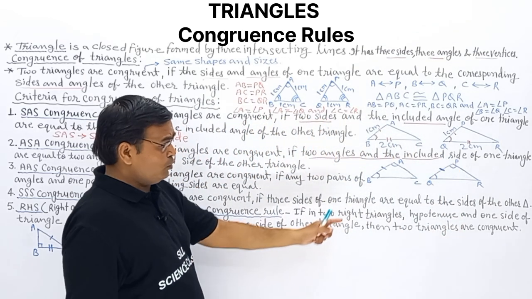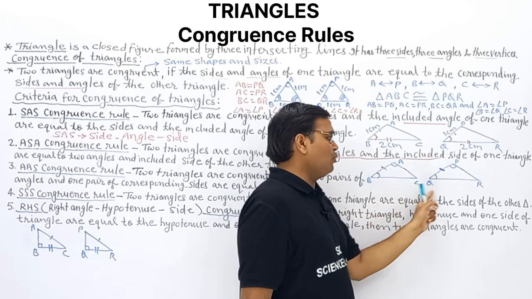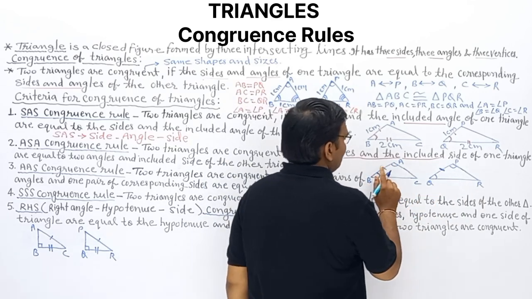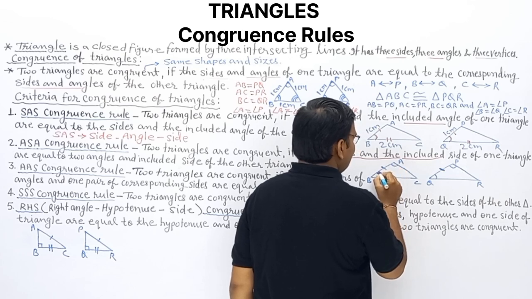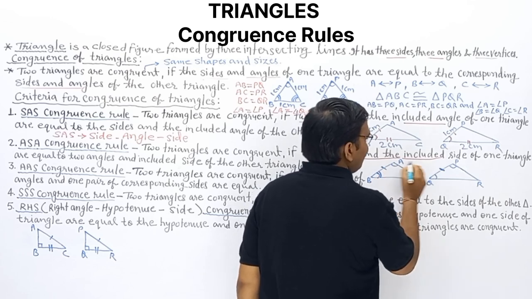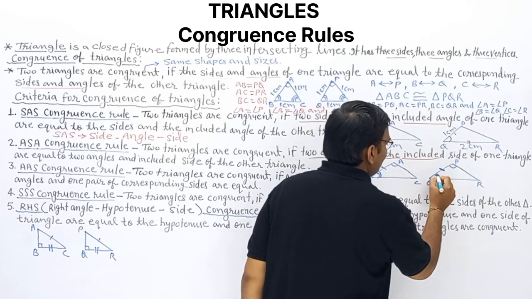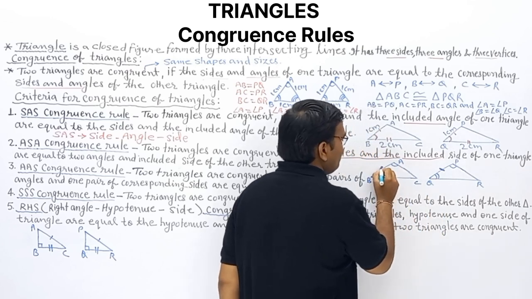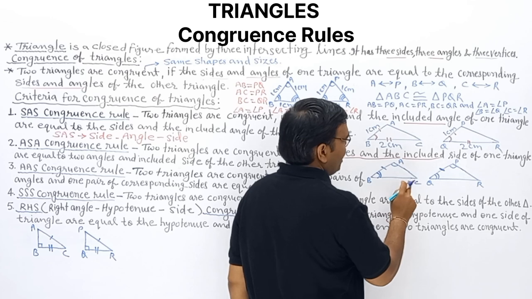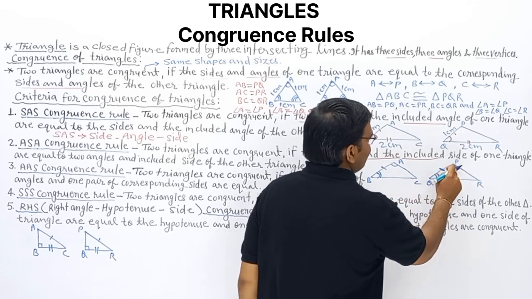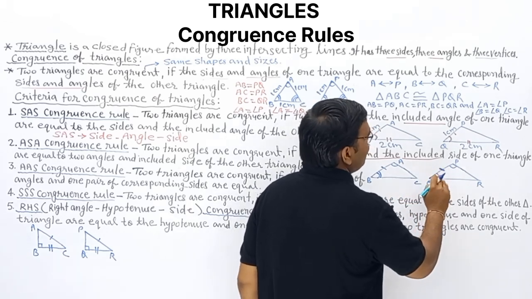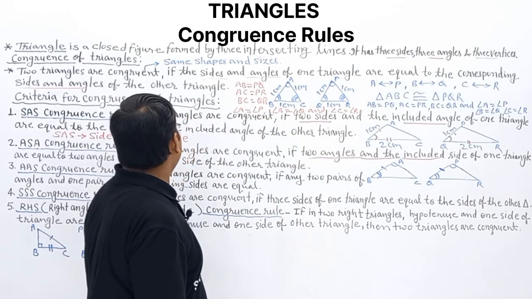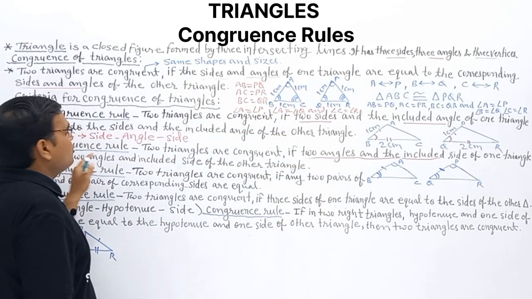Now these two triangles ABC and PQR are congruent. Why? This angle and this angle are equal to this one and this one, and the included side is equal. Two angles and included side of one triangle are equal to two angles and included side of the other triangle. Then we can say angle side angle congruence rule.